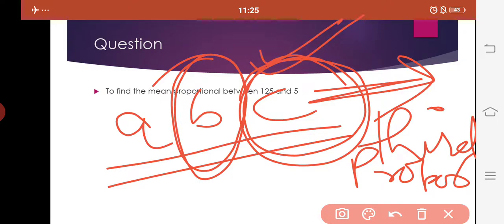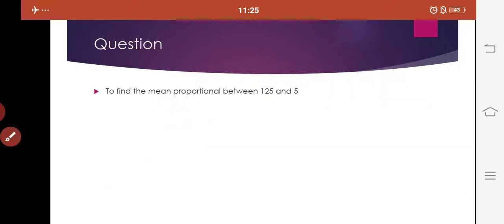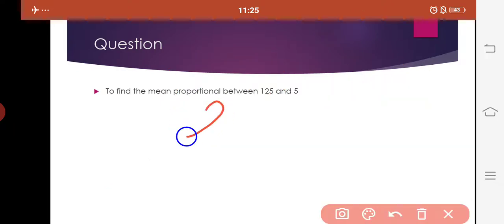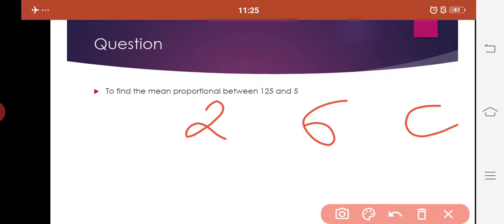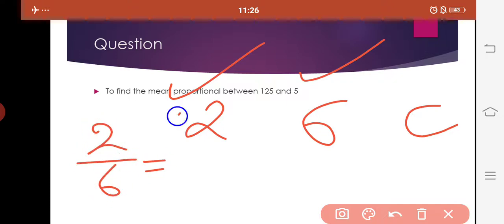Let us deal with a question. We have two numbers, 2 and 6, and we are asked to find the third proportional. Third proportional means we are asked to find C. Here A equals 2 and B equals 6. Putting in the relation of continued proportion, A upon B is equal to B upon C, and this is what we are asked to calculate.